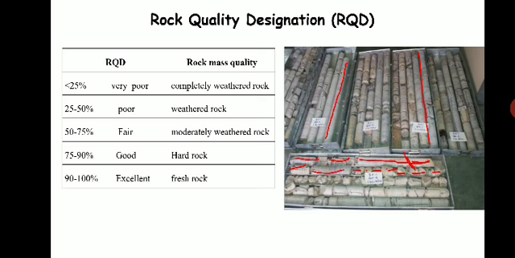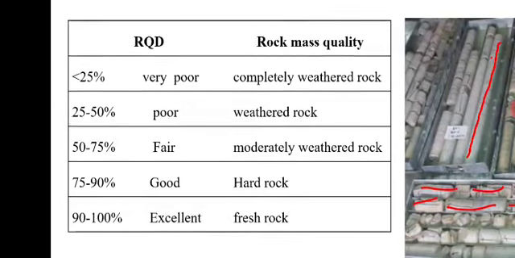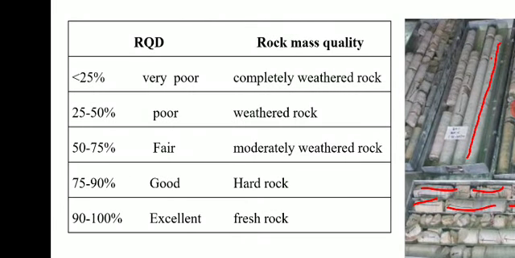There is a table here which will tell us the percentage rock recovery, that is RQD, and what is the rock quality designation. Suppose your answer after putting in the formula is less than 25%, then we call that rock very poor, that is completely weathered rock, which we usually get on the top layer of the earth.